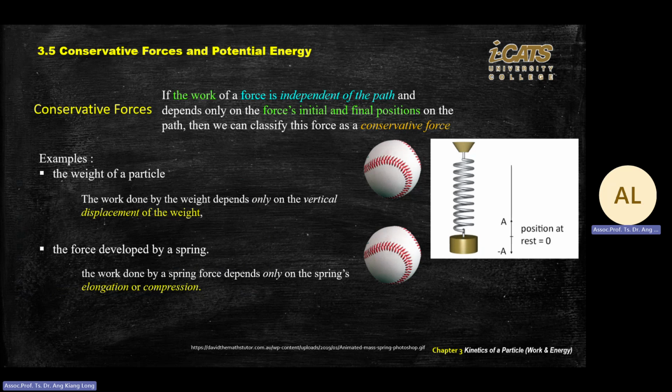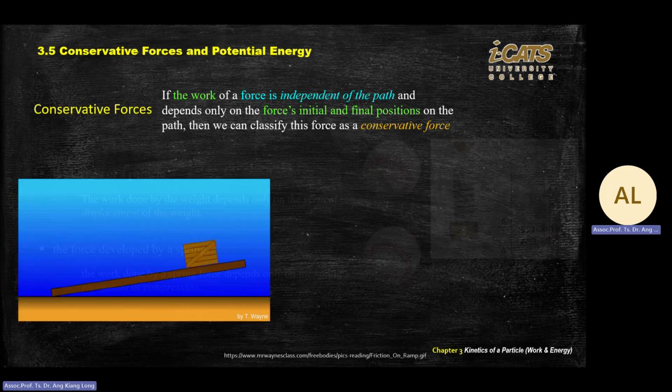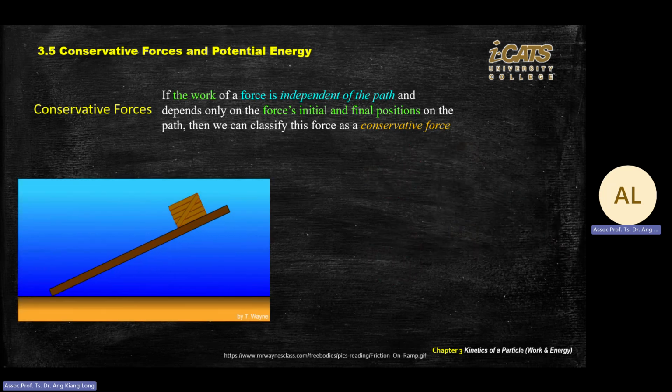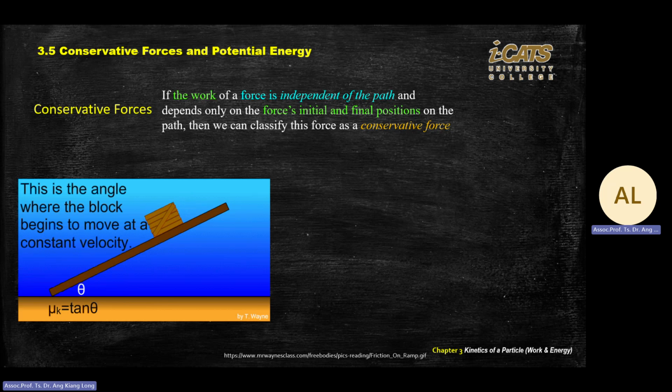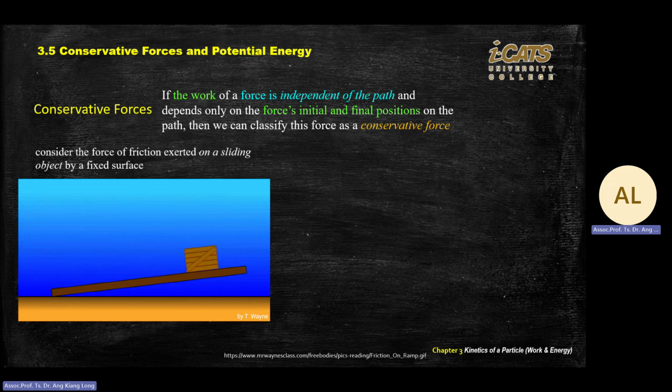These are when you can use conservation and when you cannot. So I give you one example where conservation cannot be used. Conservation cannot be used when you tilt at an angle and friction is involved. Consider friction on the sliding object.